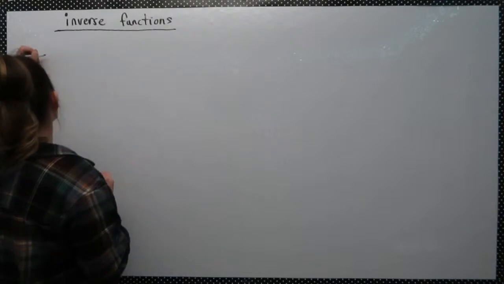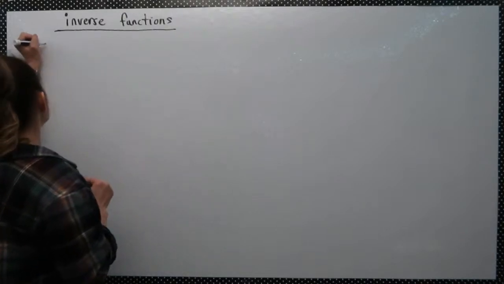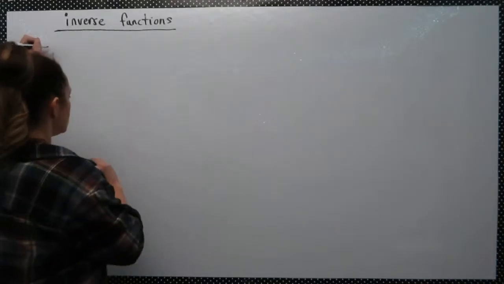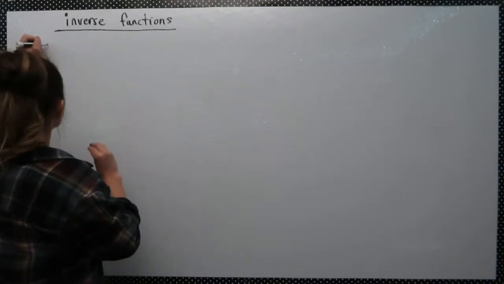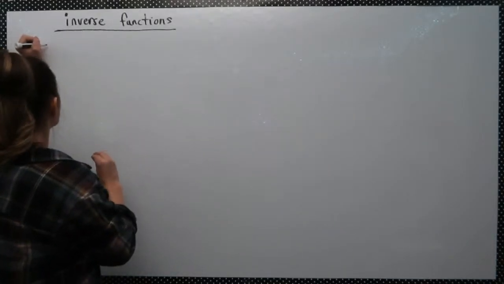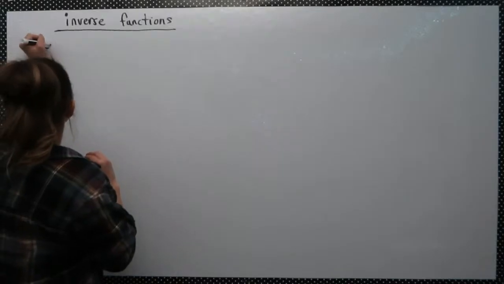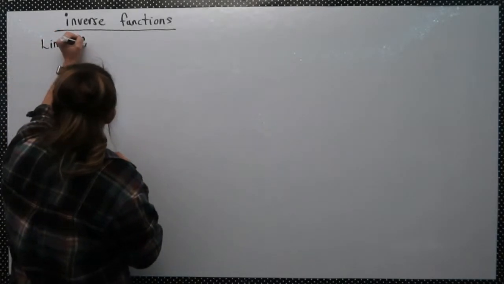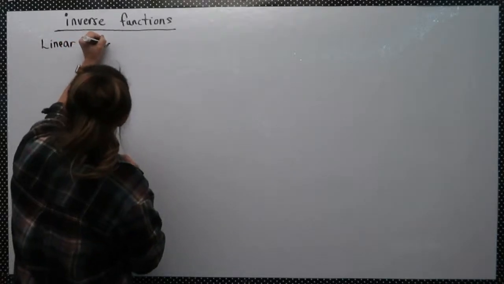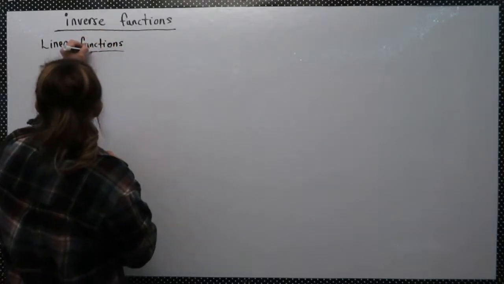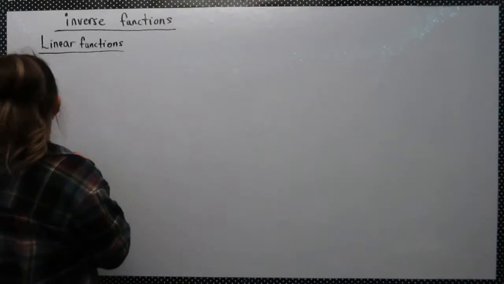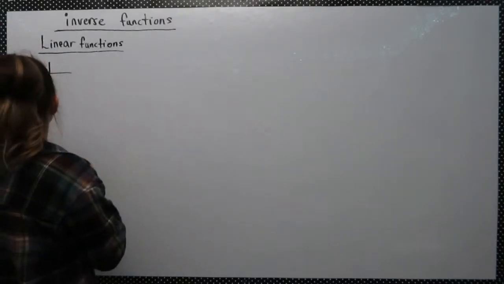So for example, we're just going to take the linear function, the basic first degree function. Linear functions have inverses because they're 1-to-1, but I'll just show you an example.